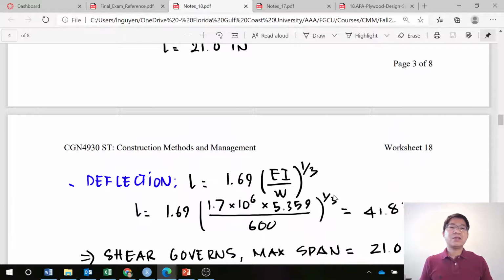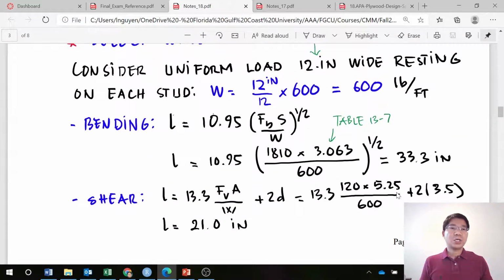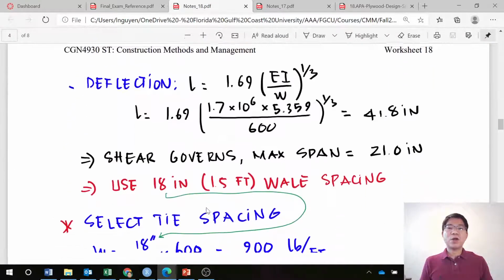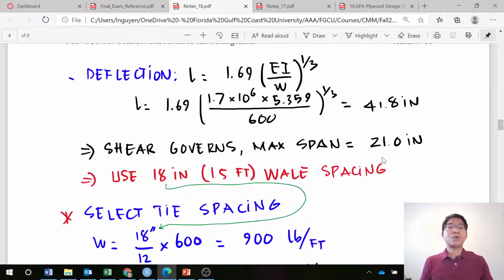In this case, the shear governs, which is 21 inch, the smallest one, so it governs, and 21 is not easy to lay out in real life. In the practical project, we select 18 inches or 1.5 feet for the wale spacing.